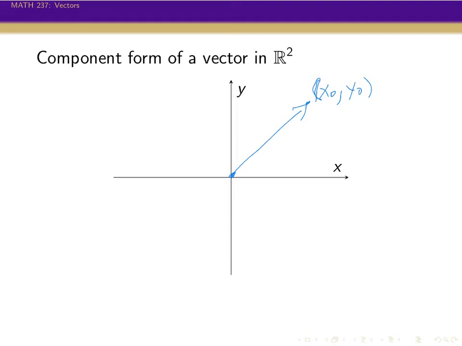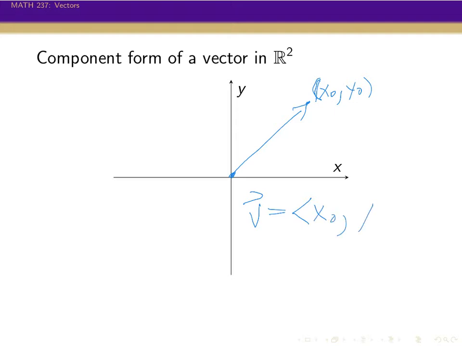Well, then the way that we can represent this vector: if I have its initial point at the origin, then it's going to go out x naught in the x direction, y naught in the y direction.